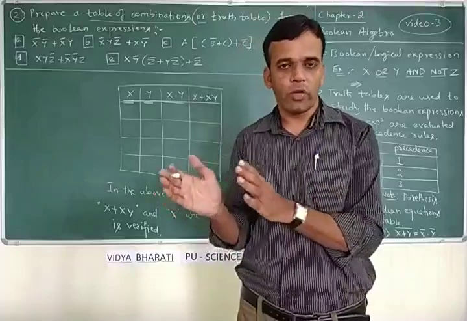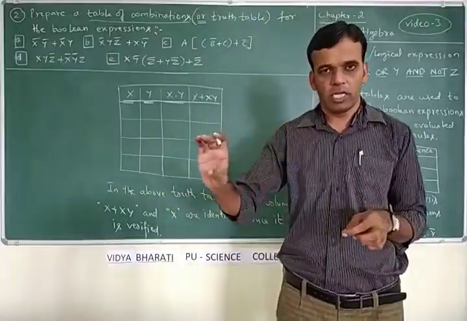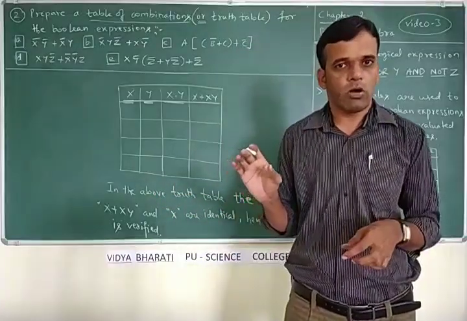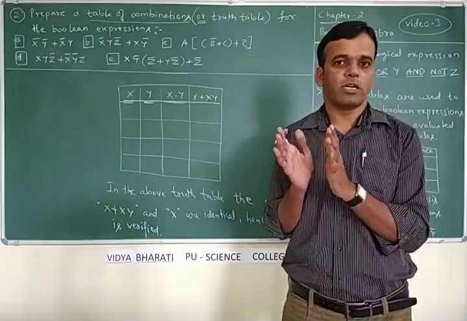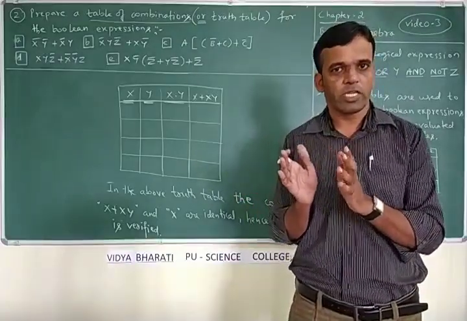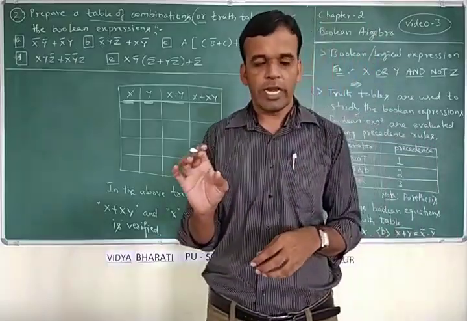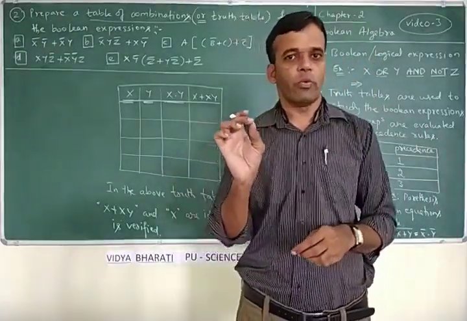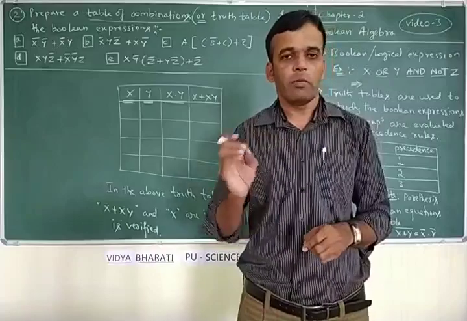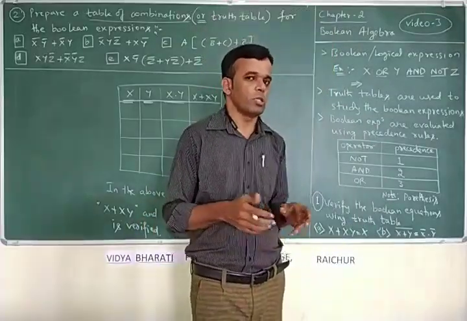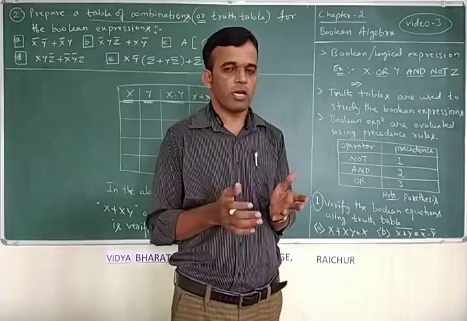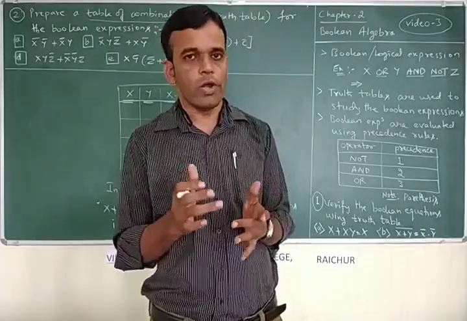And if values are present in a Boolean expression, they have to be either 0 or 1. So a Boolean expression is a type of expression where we see logical operators and binary type variables and binary values. Logical operators are AND, OR, NOT.